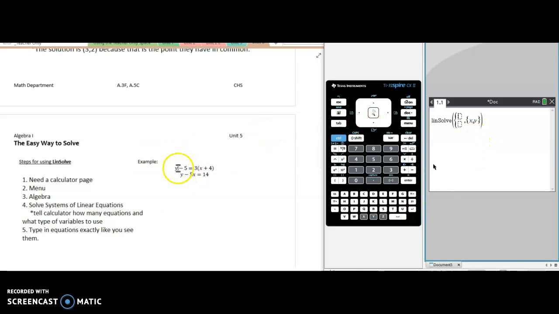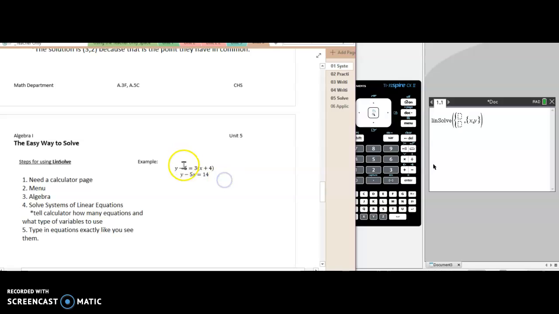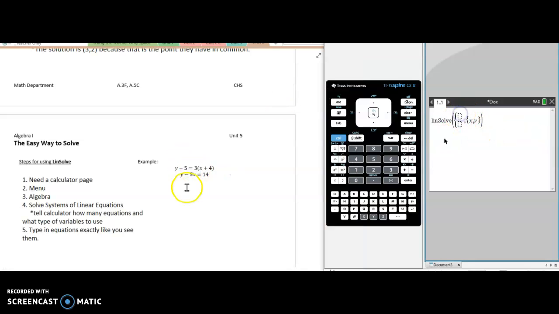So then you want to type in this right here exactly as you see it right here. So the top equation, y minus 5 equals 3, open parentheses, x plus 4, close parentheses, goes on the top. So we're going to type that in. Y minus 5 equals 3, open parentheses, x plus 4, close parentheses. That goes on the top. That's the first equation, right?